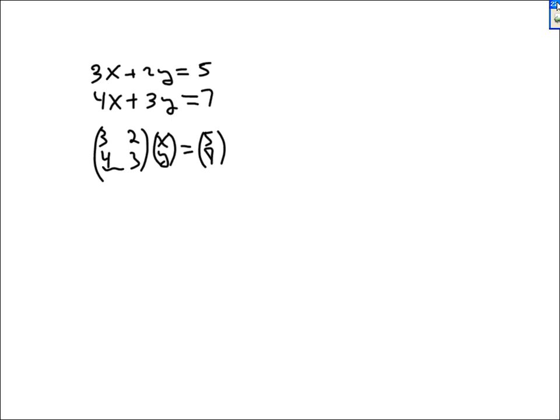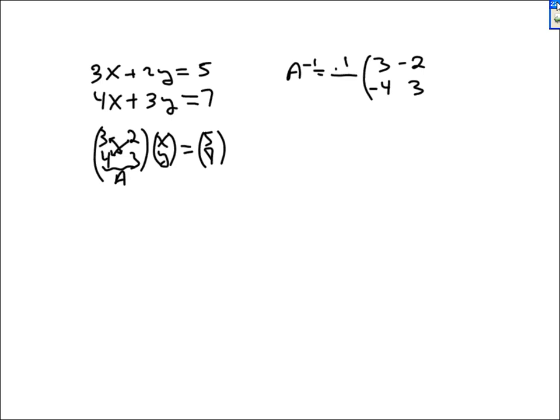This I'll call A. And on the side, I'm going to find out what A inverse is. Well, to find out what A inverse is, you switch these two entries, which is pretty easy because they're the same, and then you change the sign on the other two. The 2 becomes -2, the 4 becomes -4.